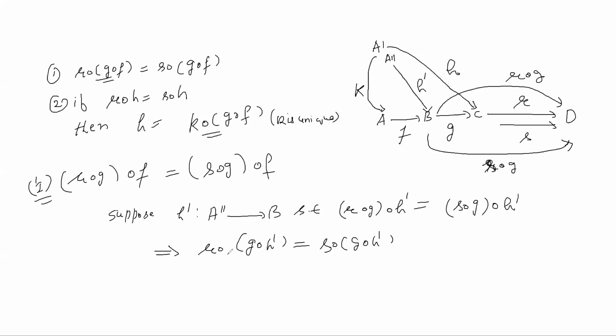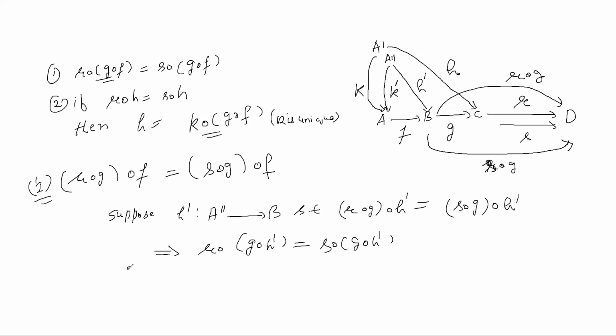So you have R composition G composition H dash is S composition G composition H dash. So there must exist a unique morphism from here to here. Call it K dash.